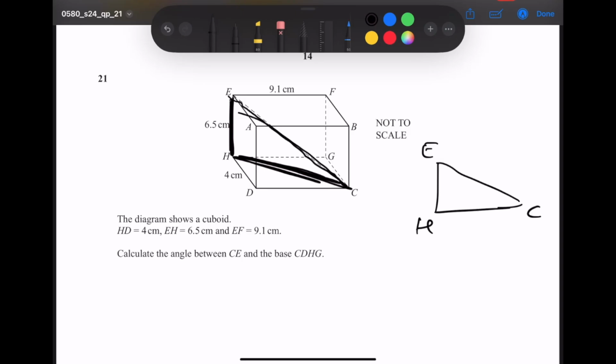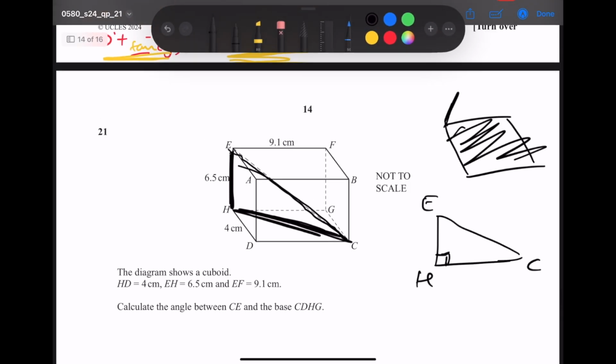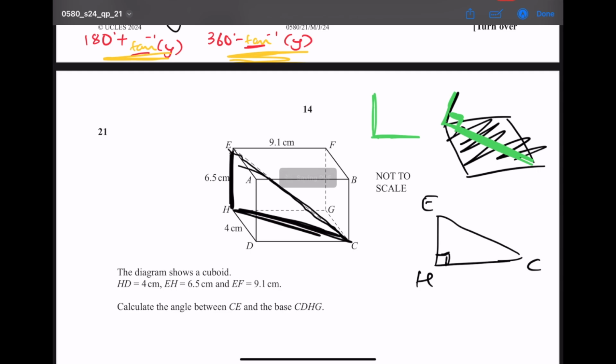And since H and C are in the base, and this is a vertical line, this means that a vertical line and any line that is within the base produce a right angle.